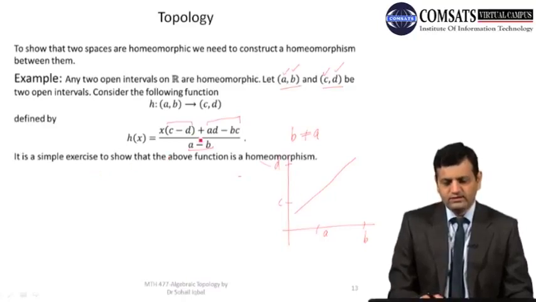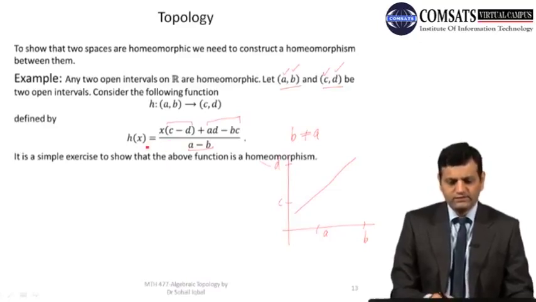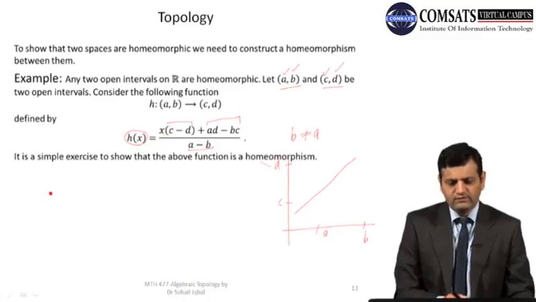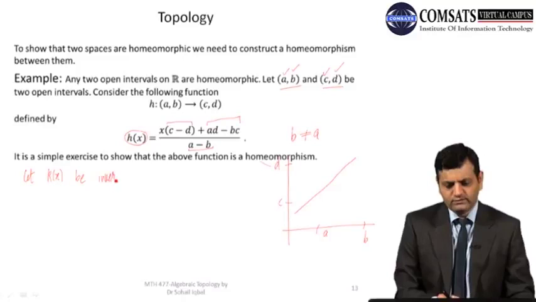The third condition is that its inverse should be continuous. How do we find the inverse of such functions? Just replace h of x with x and x with h of x. Or let k of x be the inverse of h of x.